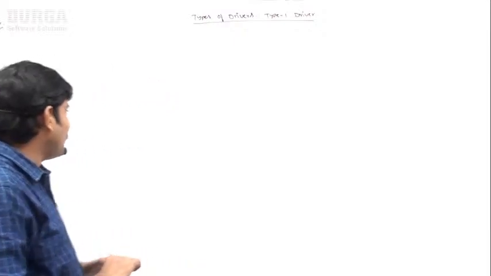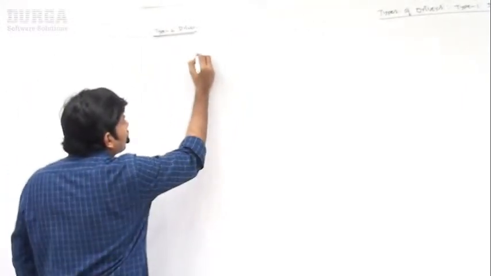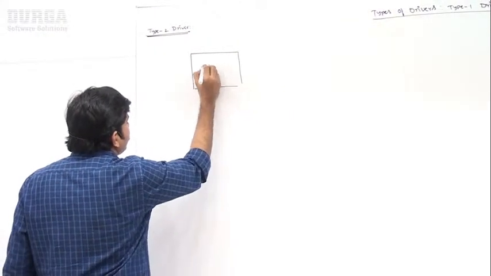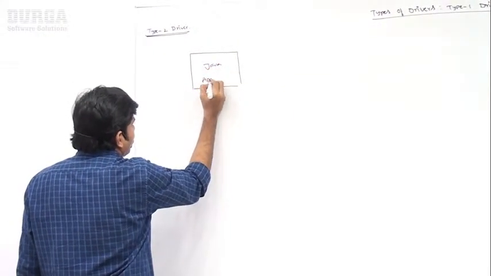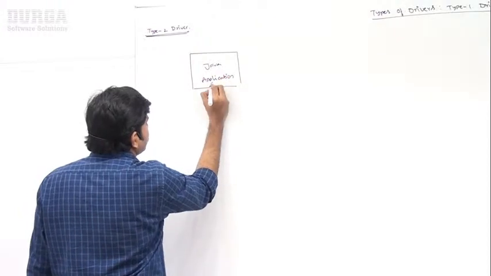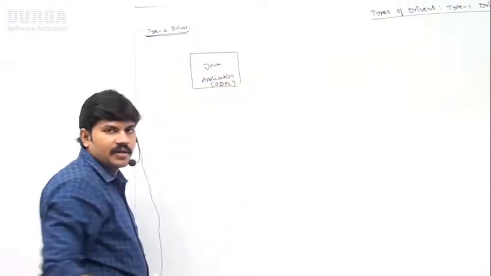What is that? Here, see, have you remembered the type 1 driver? In the case of type 1 driver, we have a Java application, which is nothing but JDBC internally.